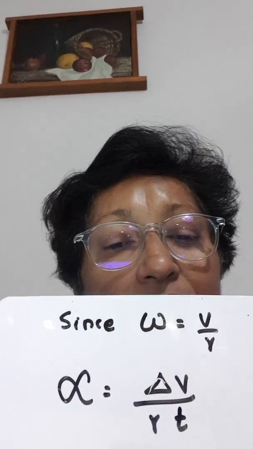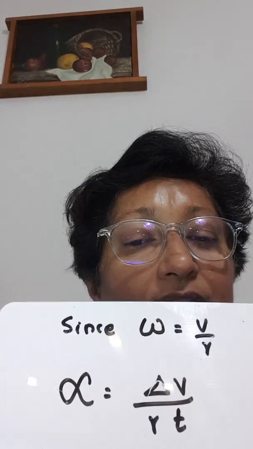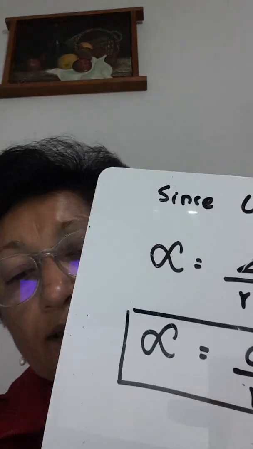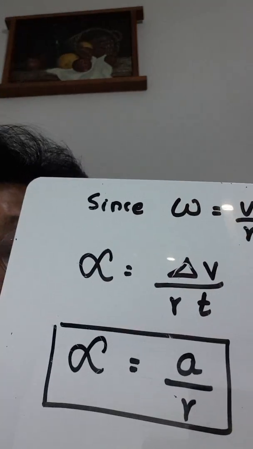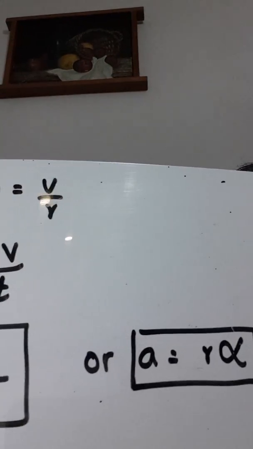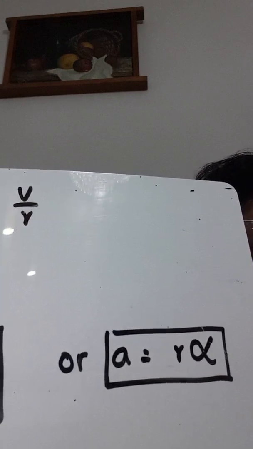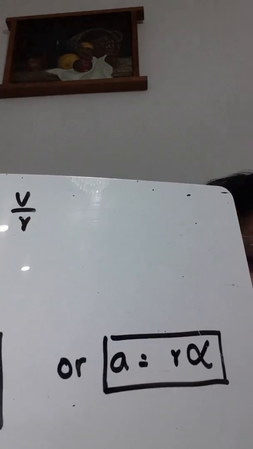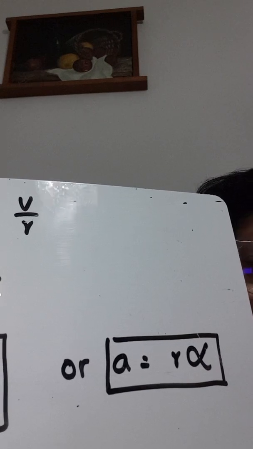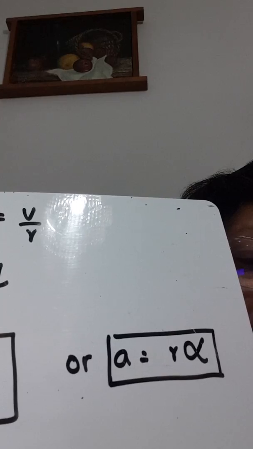So if you replace the change in velocity over time by the letter a, which is linear acceleration, you end up with alpha is equal to a over r, or in other words, linear acceleration is r alpha. That's a connection between linear acceleration and angular acceleration. They're linked by the radius.